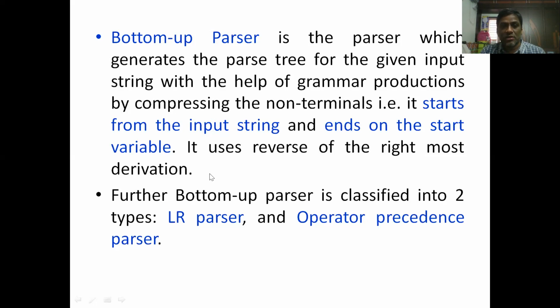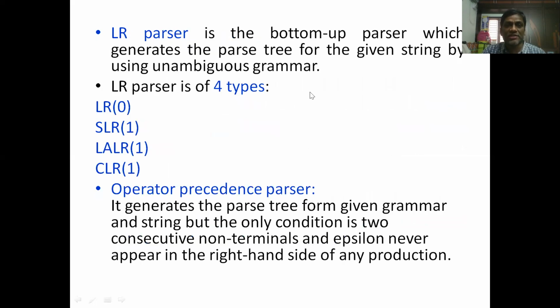Okay, right. Again, if you look at the classification of bottom-up parsers, it is classified into two types. One is the LR parser, and the other one is the operator precedence parser, wherein the LR parsers are again classified into several other categories.